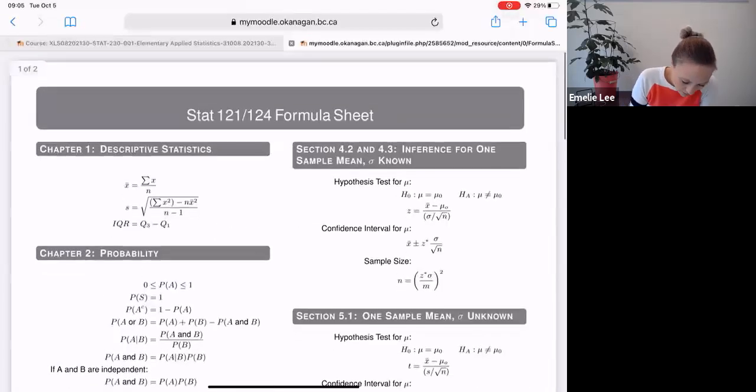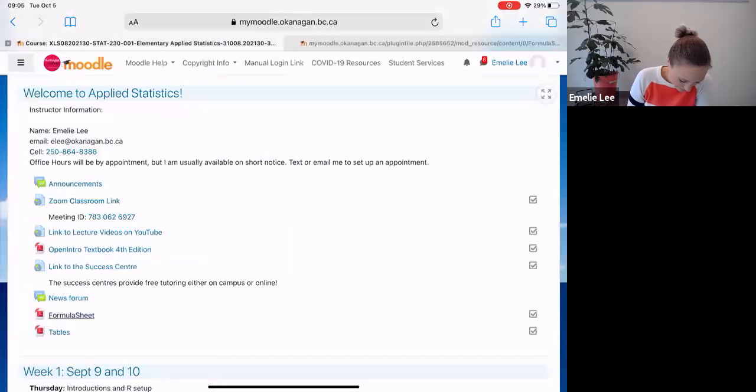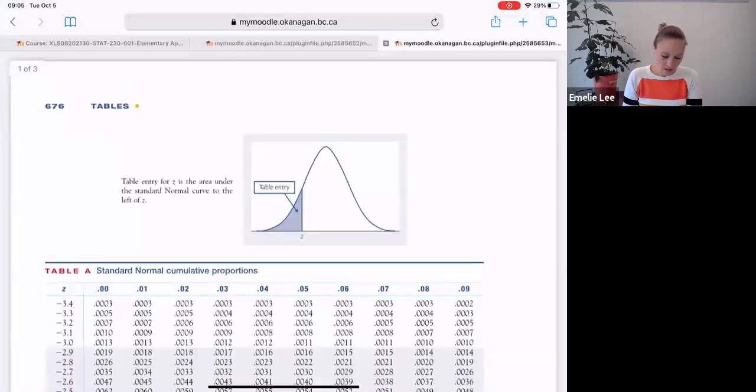So let's see here. There's also the tables, which once we start talking about the normal distribution, we will sort of use the tables. I'm going to nudge you towards using some R code instead. But it's nice to have the tables because they're kind of old school, and that way you don't need to have software available, or you don't need to be working on a computer.